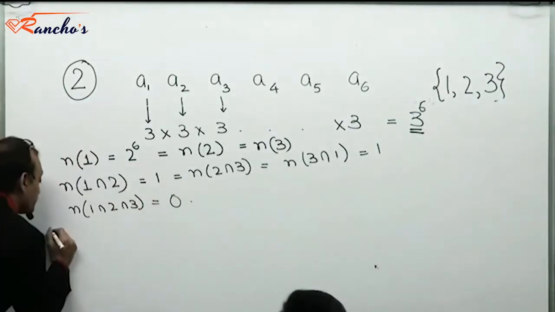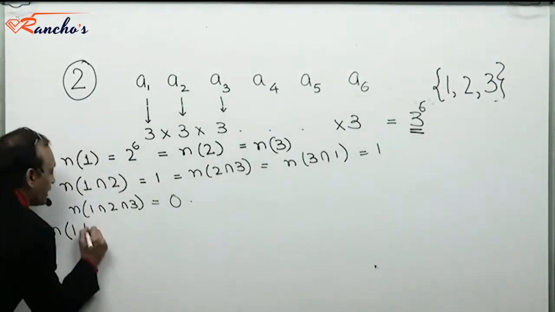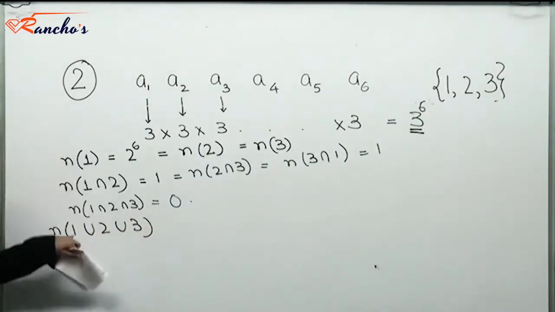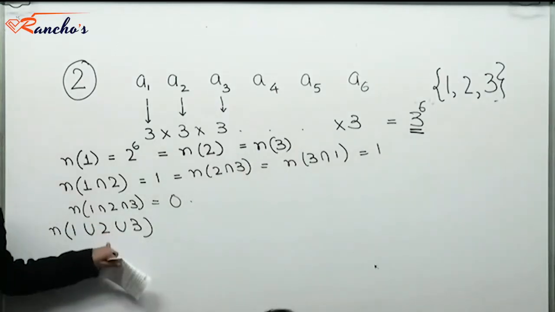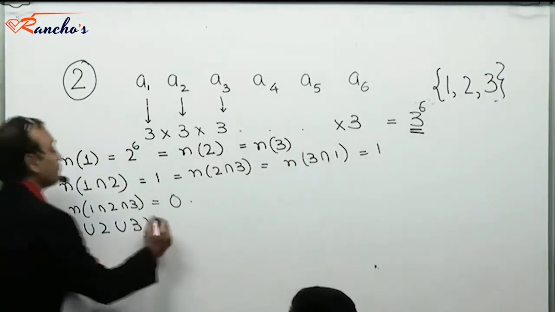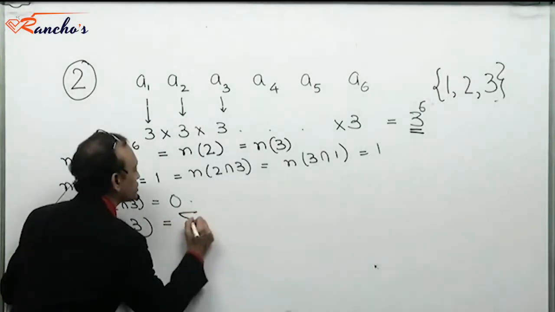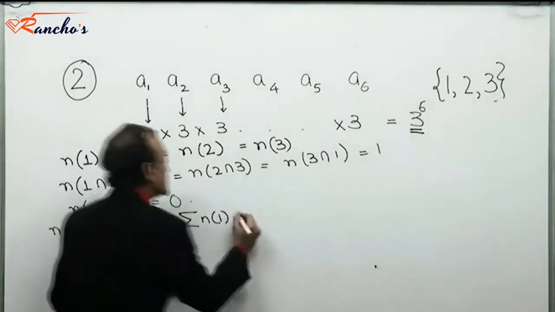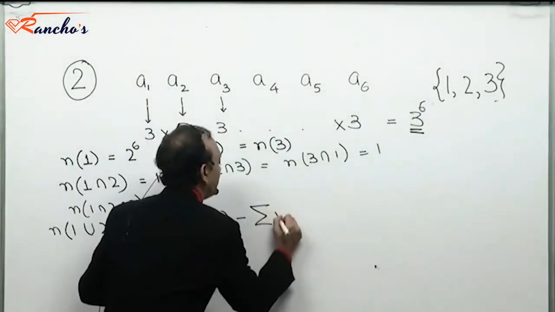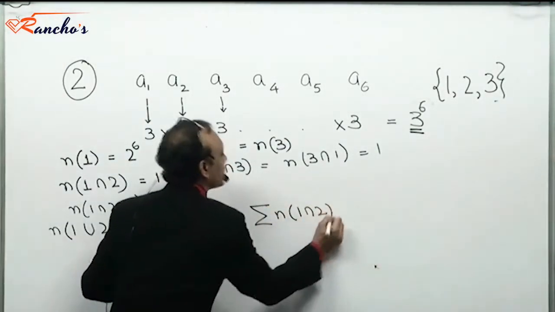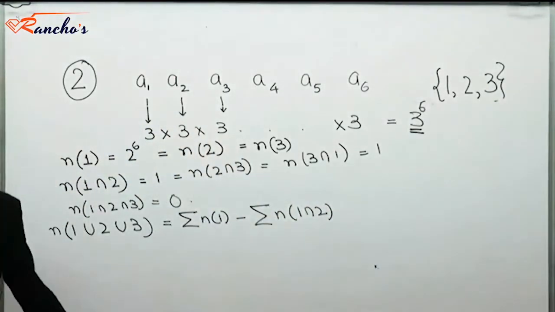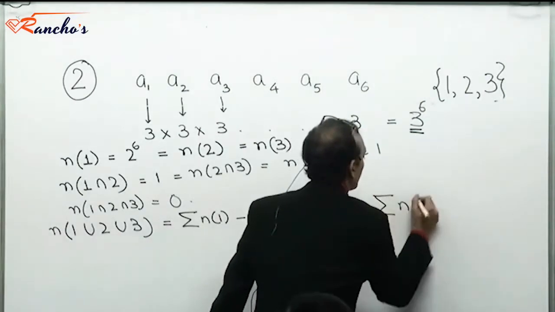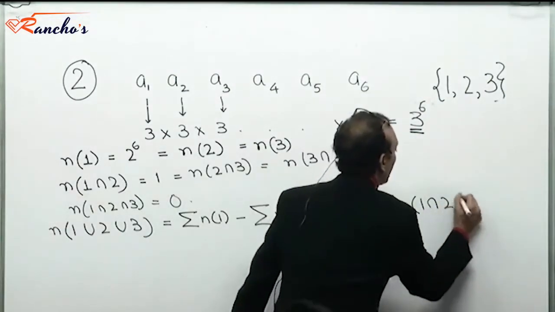So the number of these numbers that don't contain 1 or 2 or 3, from the principle of inclusion exclusion, would be summation n1, which means n1 plus n2 plus n3, minus summation n1 and 2, that means 1 2, 2 3, 3 1, and then plus summation n1 and 2 and 3.